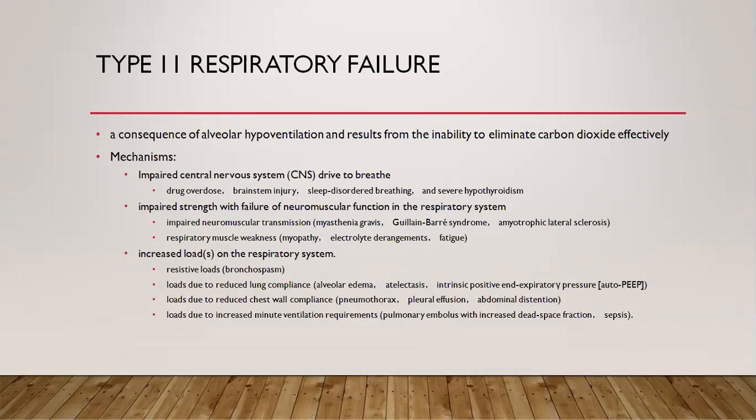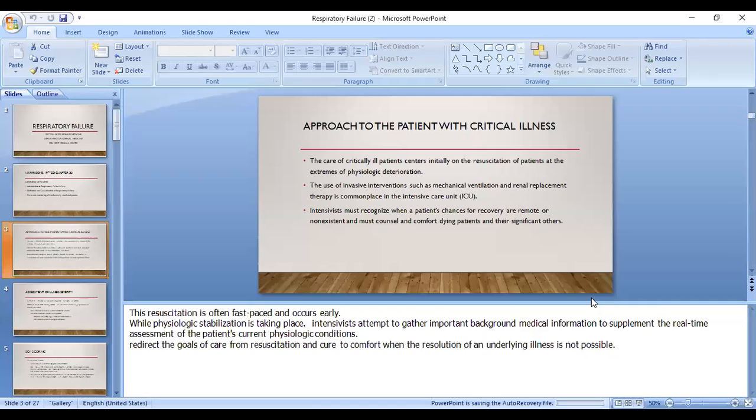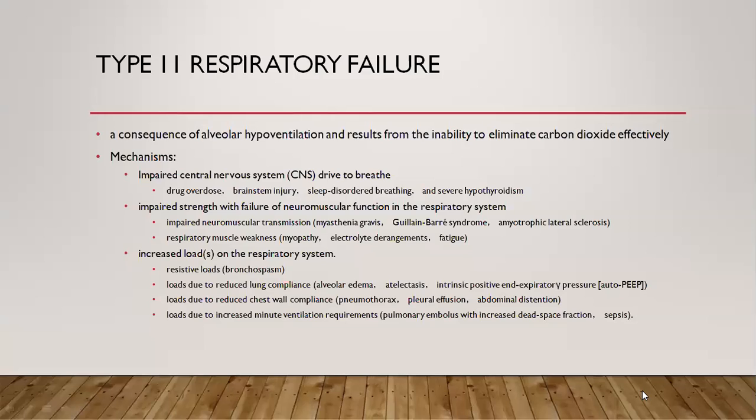Loads due to reduced chest wall compliance, in cases of pneumothorax, pleural effusion, and abdominal distension. And loads due to increased minute ventilation requirements, so pulmonary embolism and sepsis are examples of this. So reduced lung compliance, reduced chest wall compliance, and increased minute ventilation are part of the increased load on the respiratory system.